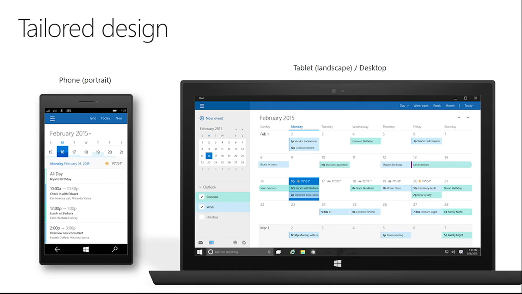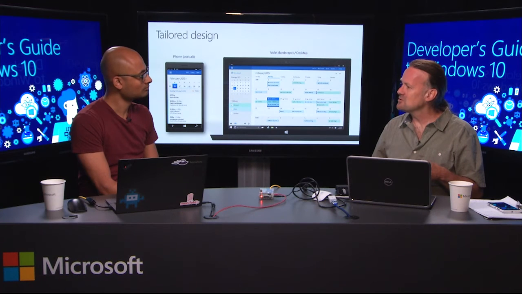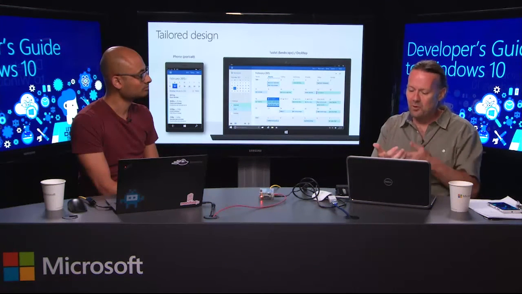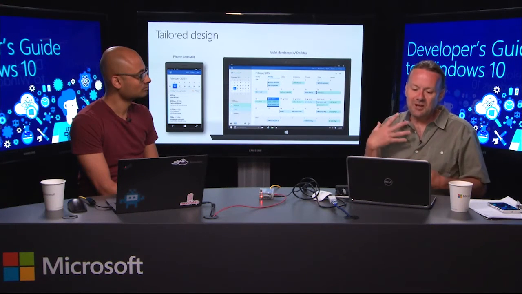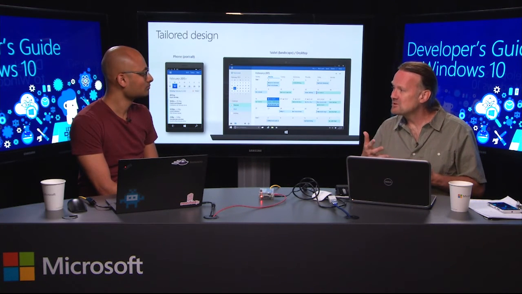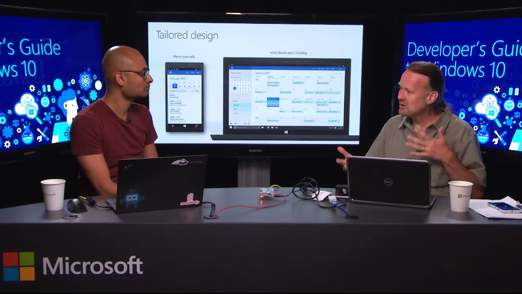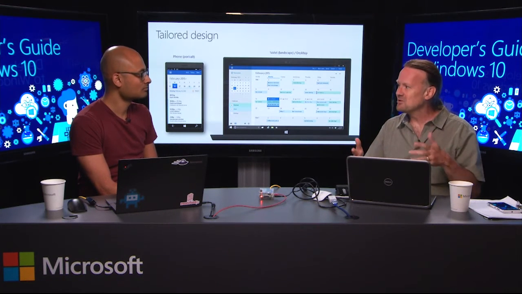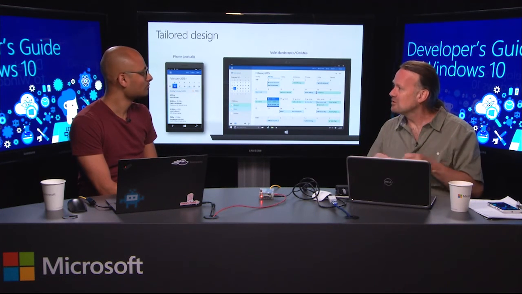But when you move over to the phone, here's a way to think about this. You want to be thinking about what's the use case for these, and a phone is more of a glance and go sort of a thing. You want to pull it out, have a quick look, what's my next appointment? So that's the primary view of the phone view, to show your next few appointments, because that's the main usage, and we can actually measure this through telemetry and see how people are using your apps.